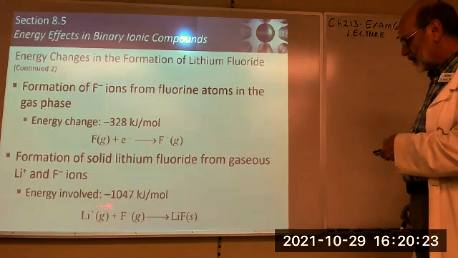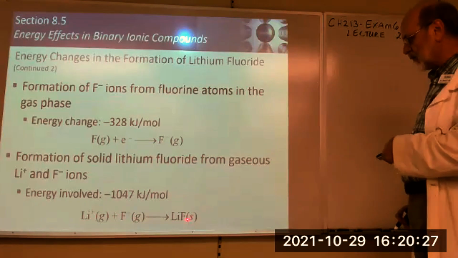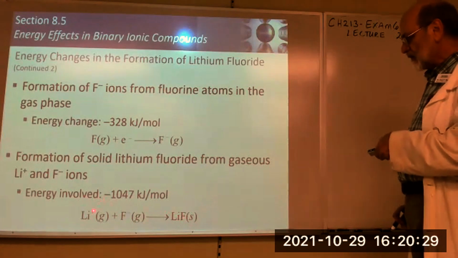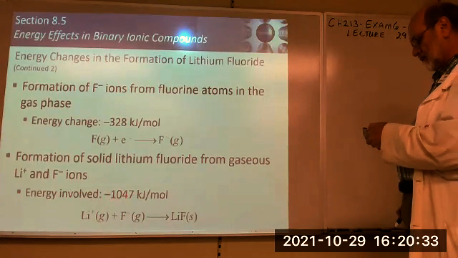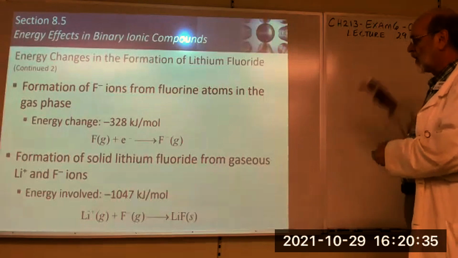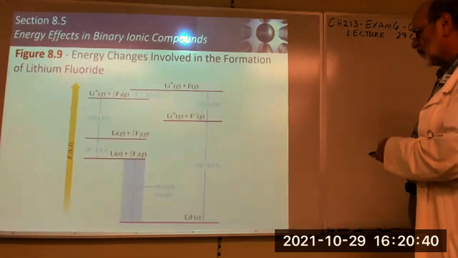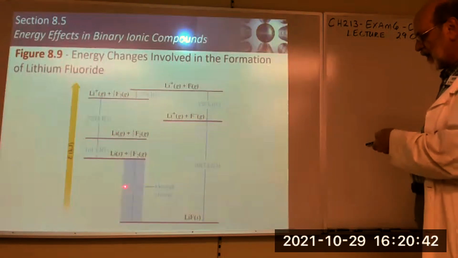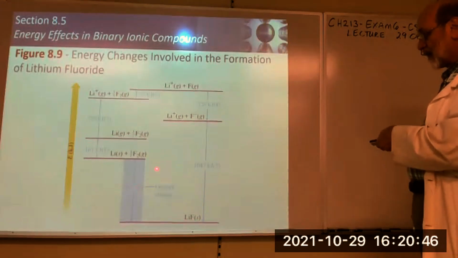And then we say lithium gas and fluorine gas make solid lithium fluoride. And the energy involved for that, the lattice energy, is negative 1,000. So we put all these together, and the enthalpy of formation is this one. Overall change is minus 617 kilojoules for that equation, I think.